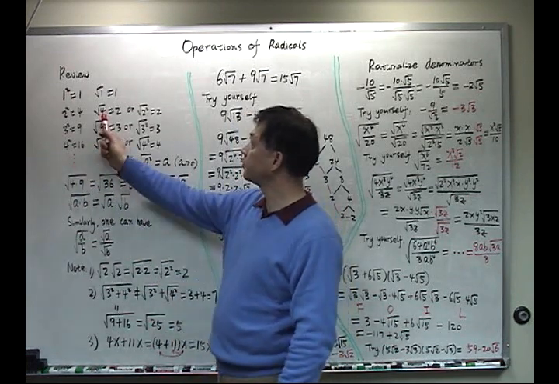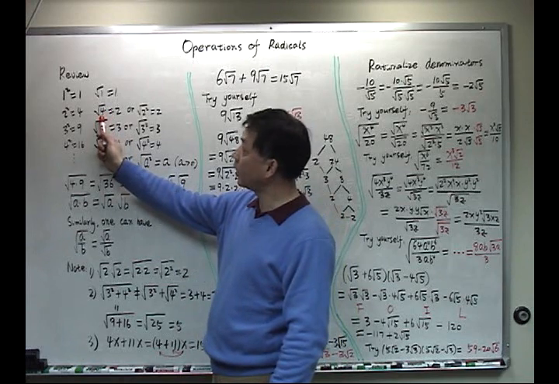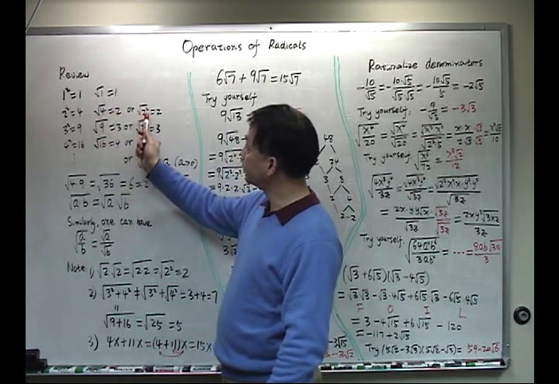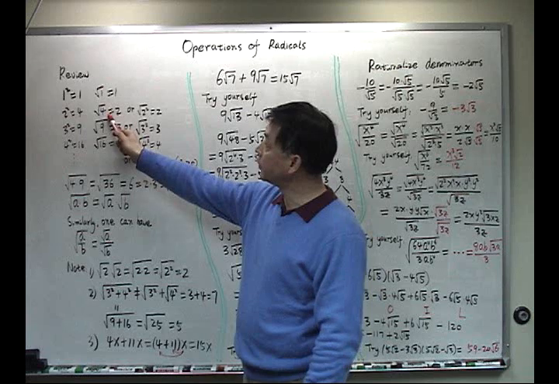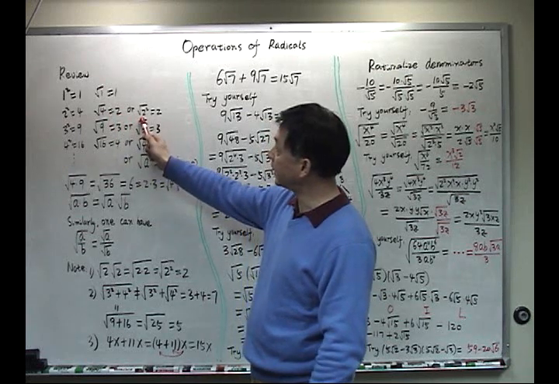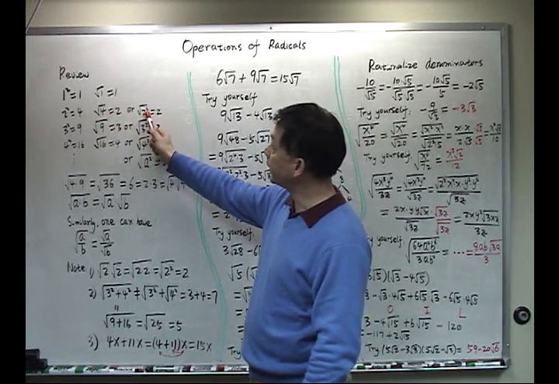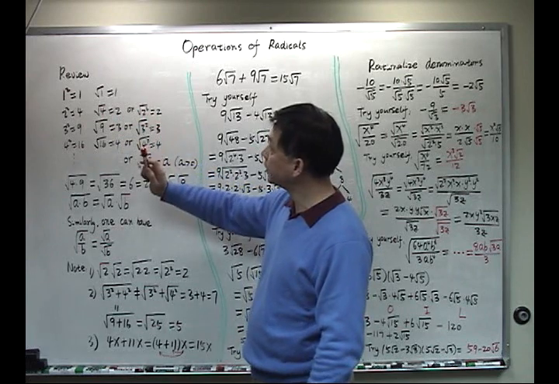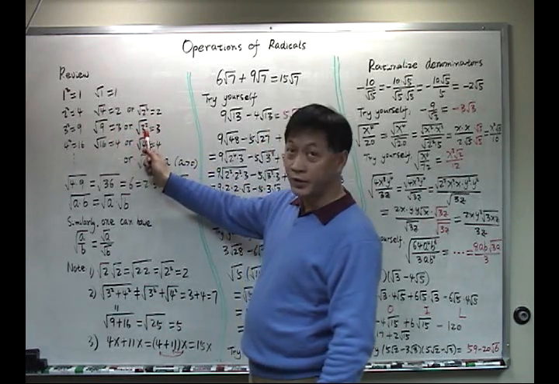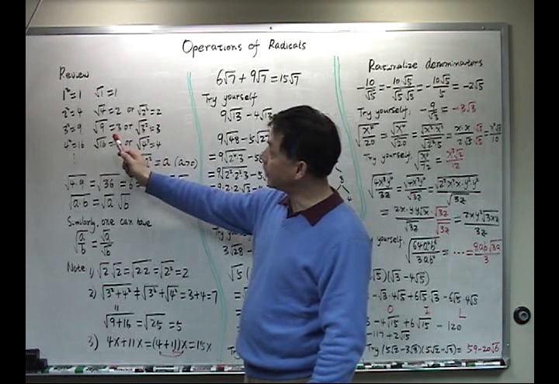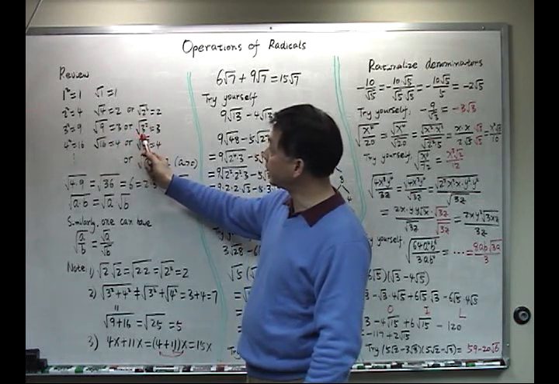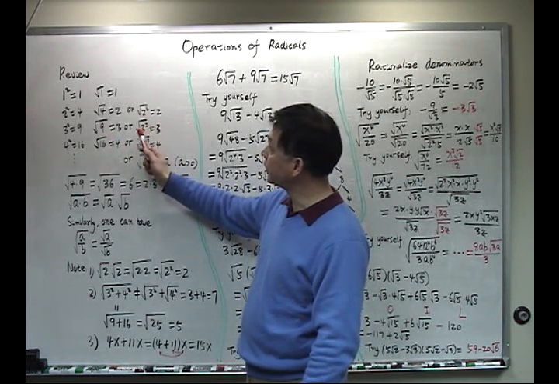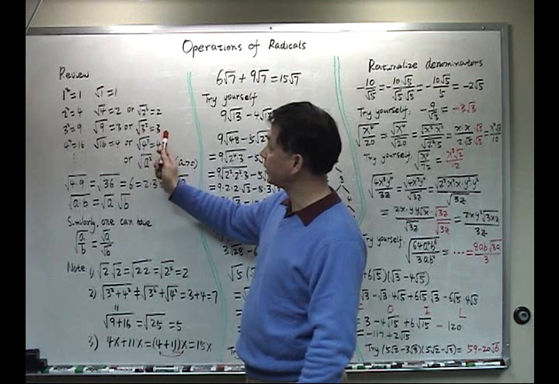We know 4 is 2 squared. So radical 4 equals 2 is actually radical 2 squared, which is 2. 9 is 3 squared, so radical 9 is actually radical 3 squared, which equals 3.